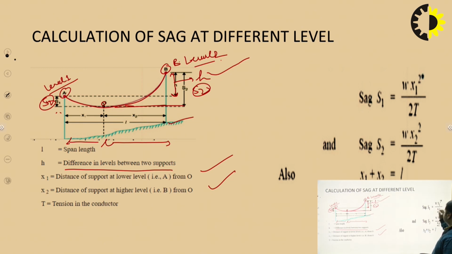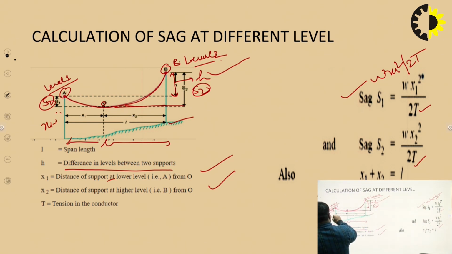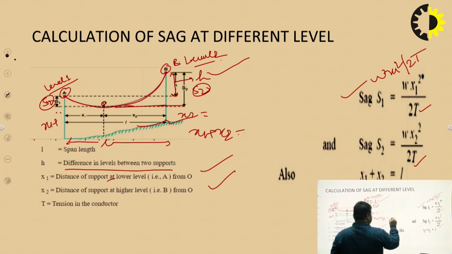So the sag S1 equals W X1 square by 2T, and from point B the sag S2 is W X2 square by 2T. And X1 plus X2 is the total span.